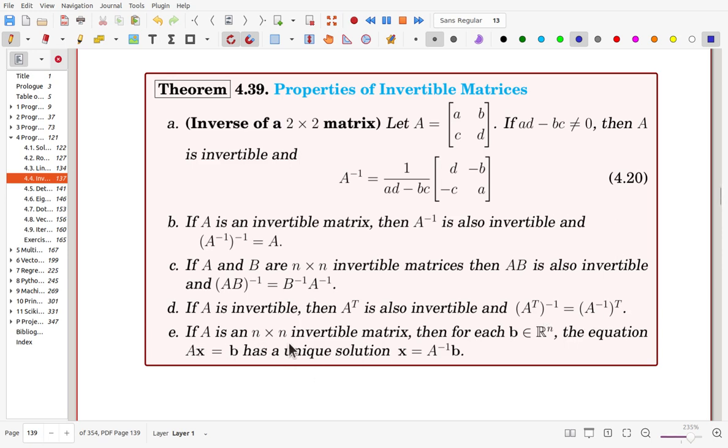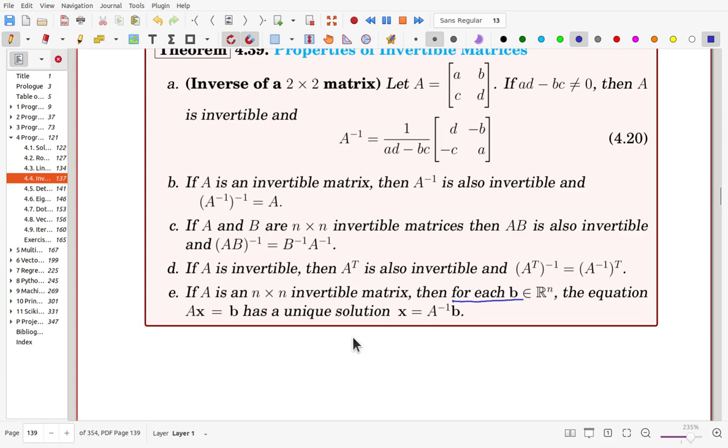If A is an n by n invertible matrix, then for any choice of B, the equation AX equals B has a unique solution, so that X must be A inverse B. For every choice of B it has a unique solution, which means that if you start with the augmented matrix, every column of A has a pivot position.